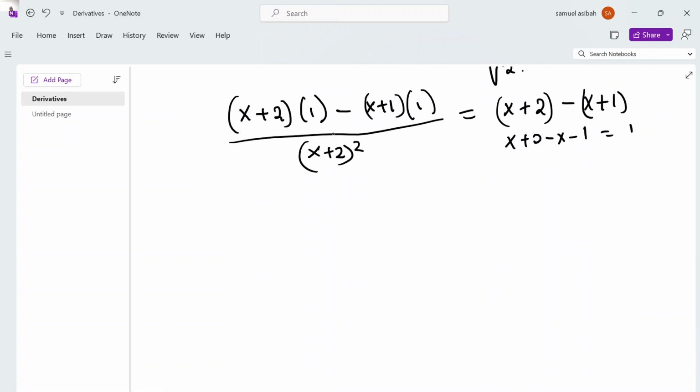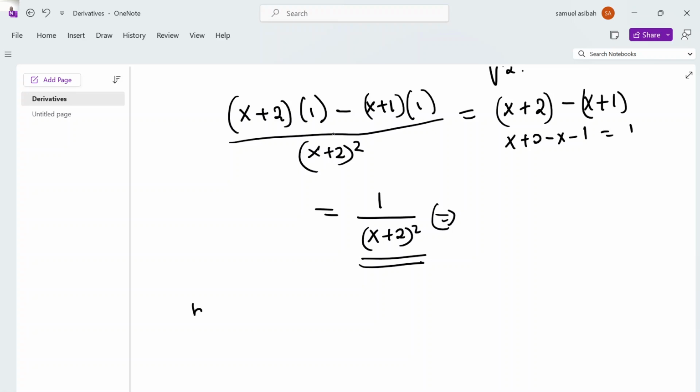And the denominator is x plus 2 squared, and this is your solution. Okay, that is how to deal with the quotient rule.